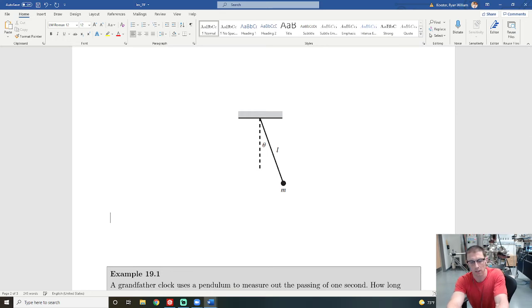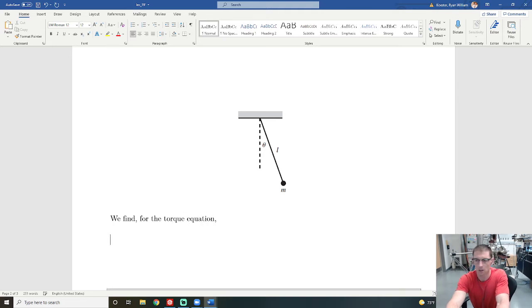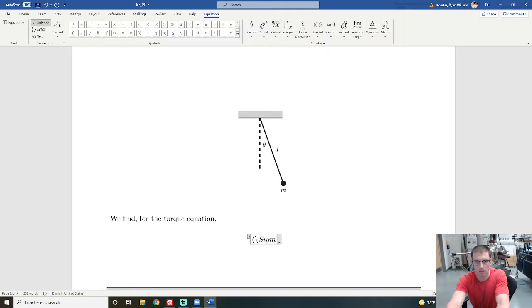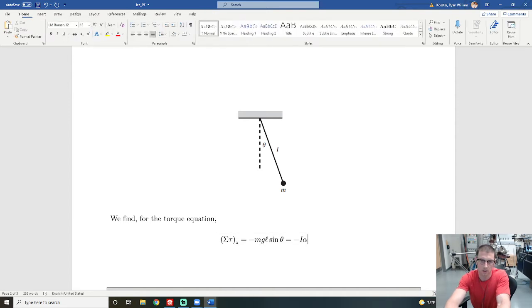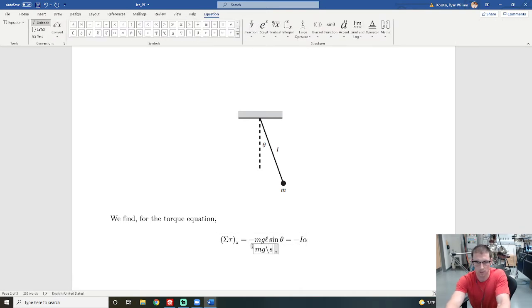So we find for the torque equation that, let's say, sigma tau z equals negative mgL sine theta, and this equals negative I alpha. And of course we can just get rid of the negative signs.